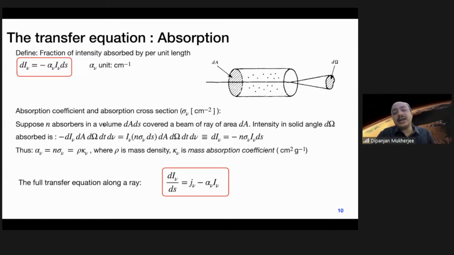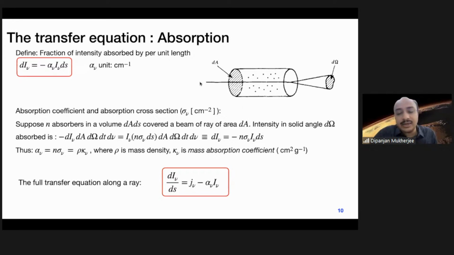Now suppose there are n absorbing particles within this particular volume, and this particular volume is dA, which is the area, times the ds, which is covered by the beam. So again, following from the basic definitions of intensity, the intensity at a given solid angle d omega that is coming out from this volume is, well, I talk about change in intensity because some absorption is taking place.